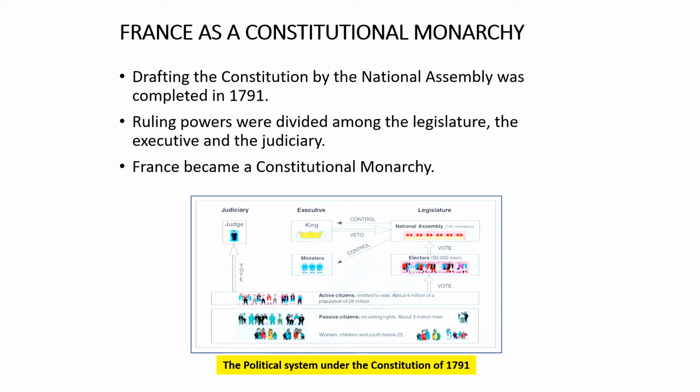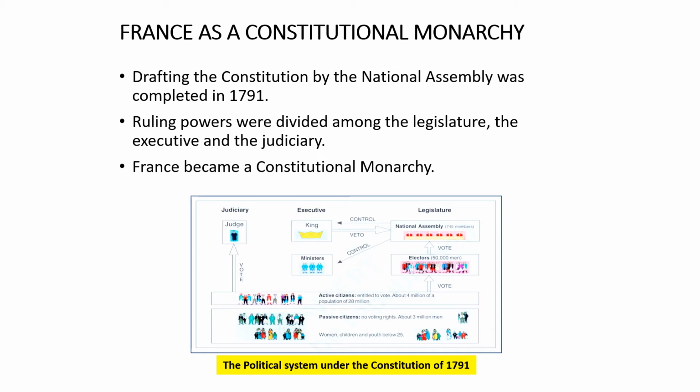Under the constitution, the judges in the judiciary and the members of the legislature were elected by vote. However, the legislative members were indirectly elected by people, that is, firstly, the people would elect 50,000 electors, and then these 50,000 electors would again elect the members of the legislature.